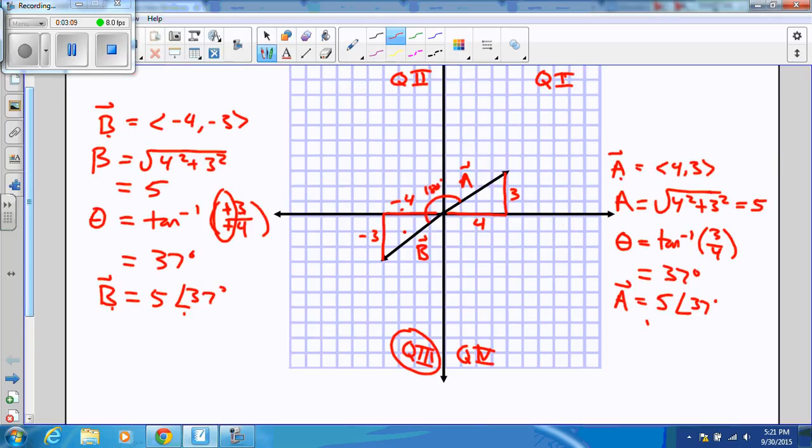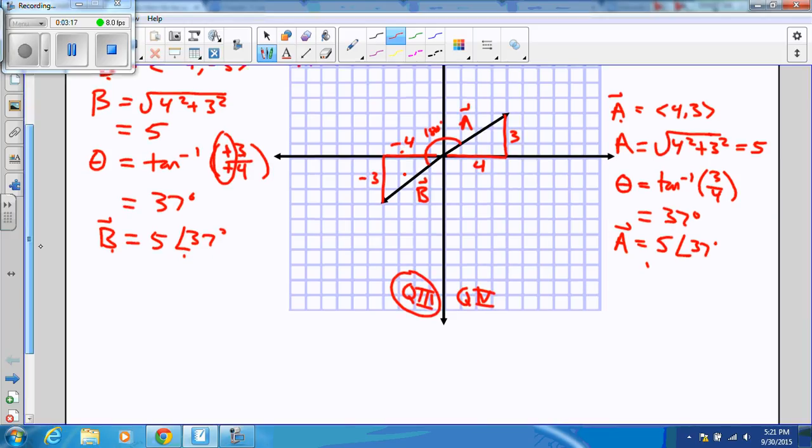Notice here how B is equal to -1 times A. And that means that it is the same vector, but in the opposite direction. And so I'm going to have to manually add 180 degrees on to get the correct angle of 217 degrees. In other words, A is an angle of 37, B is going to be at an angle of 217. Just like that.